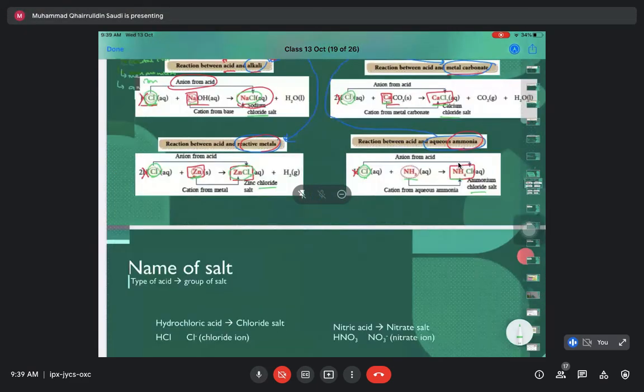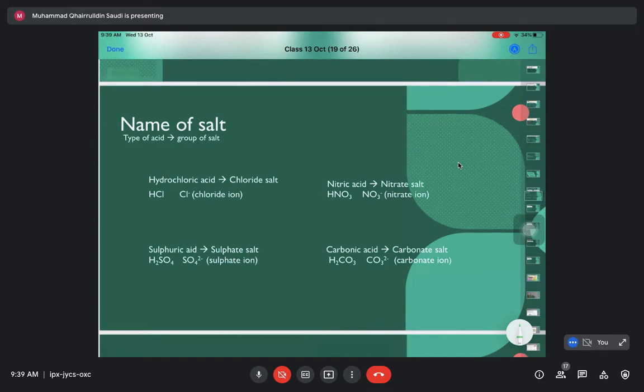Next. Now we will try to name the salt. Biasanya type of acid menentukan group of salt. If we use hydrochloric acid, we will get chloride salt, because dalam hydrochloric acid, our anion is chloride. Kalau kita guna sulfuric acid, we will get sulfate salt.